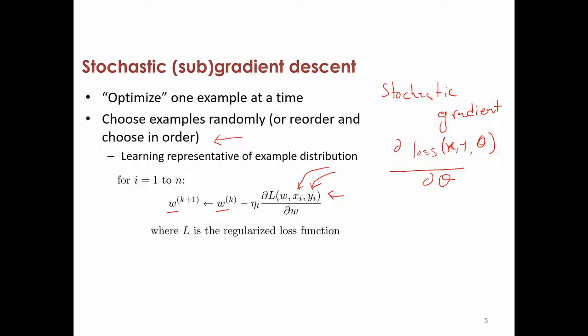Okay, so the most common thing that is done is you just do a random permutation of your training data points.